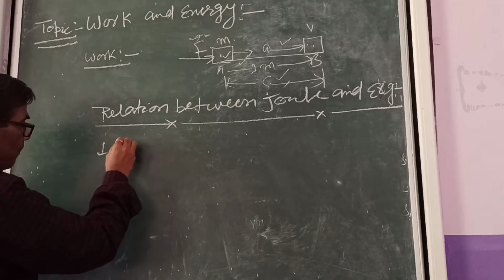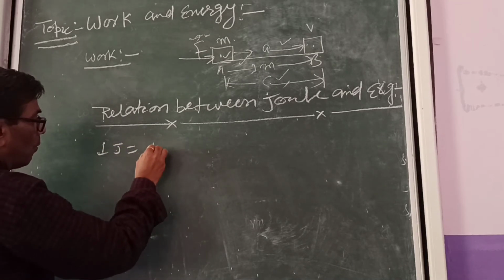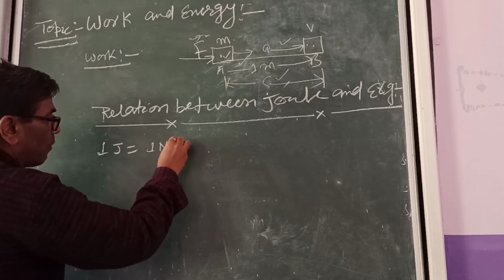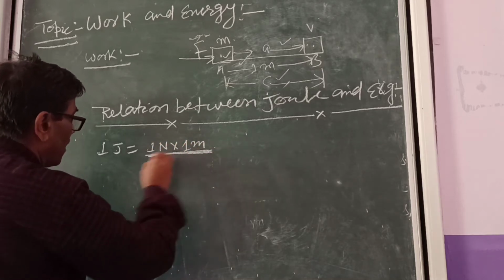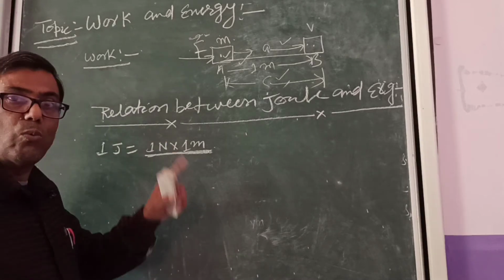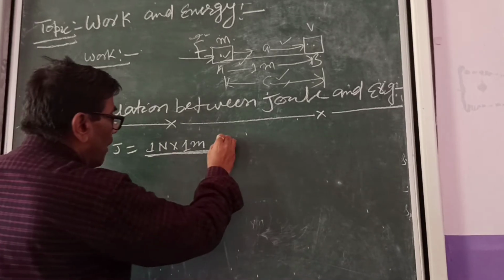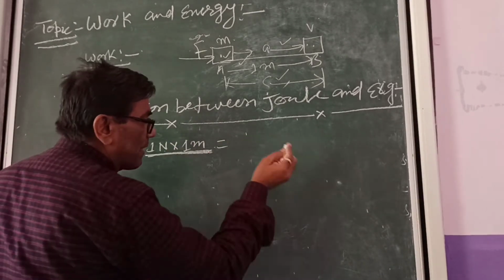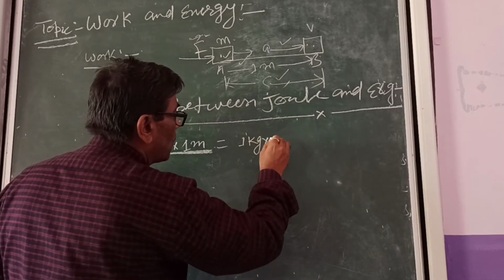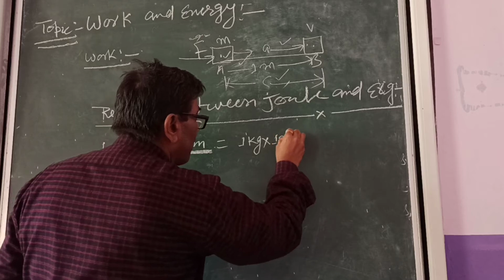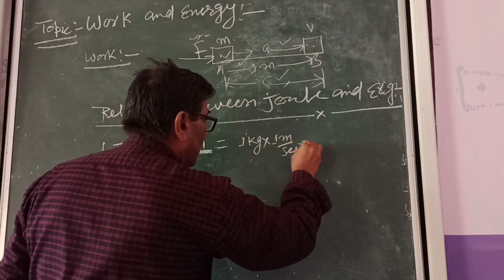1 joule is equal to 1 Newton into 1 meter. Now 1 Newton represents 1 kg into 1 meter per second square.